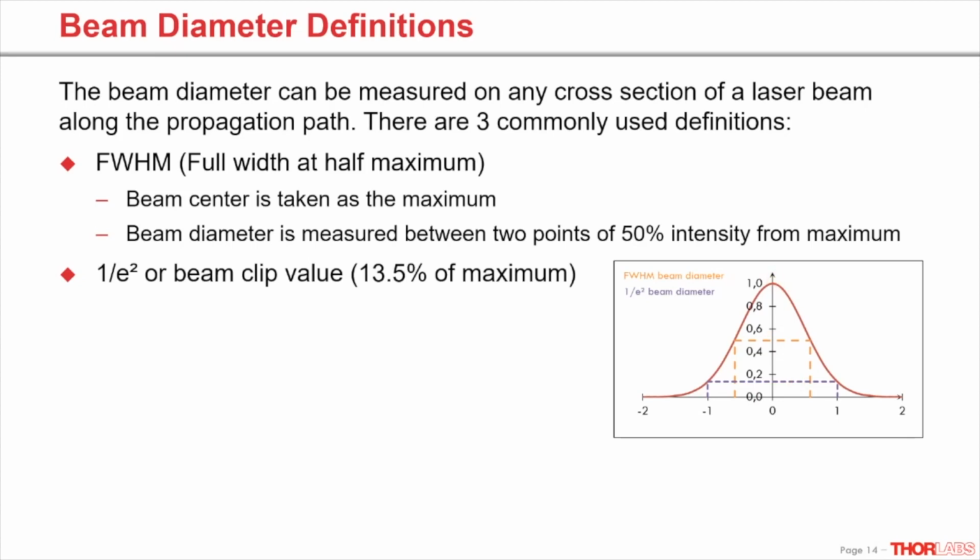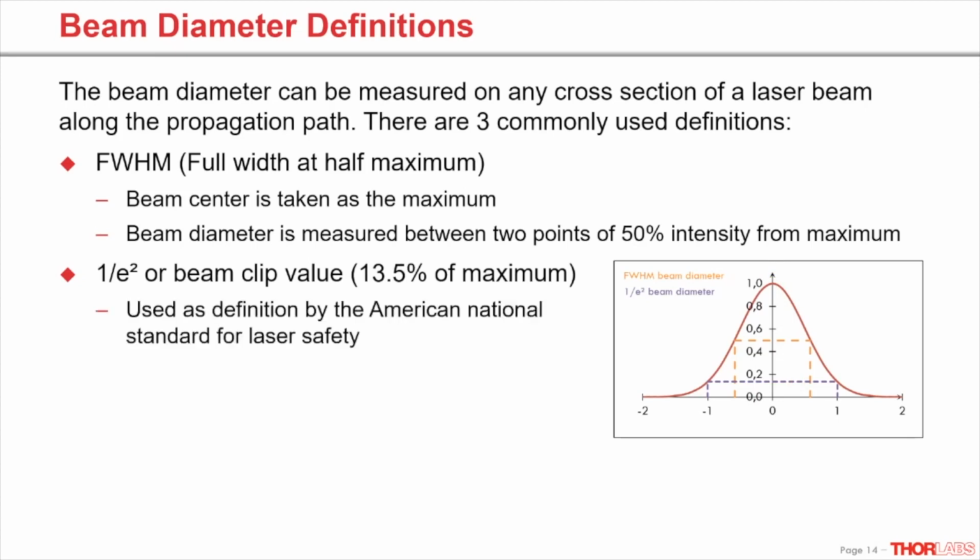This definition is recommended for Gaussian beams by the American National Standard for the Safe Use of Lasers and the Federal Aviation Administration. The method is usually used with mechanical beam profilers.